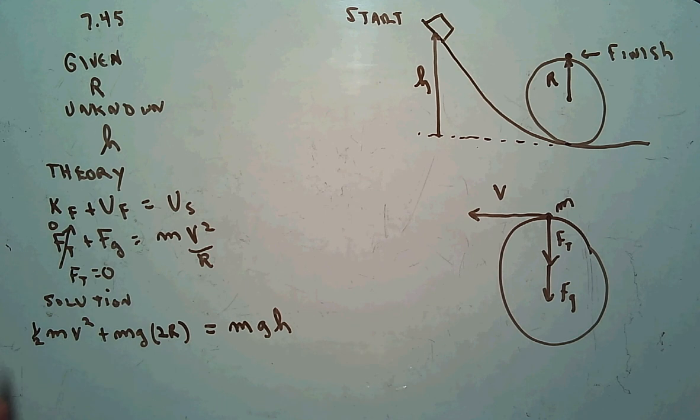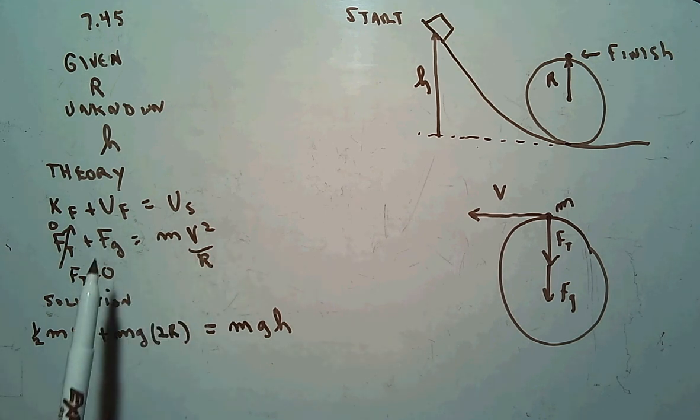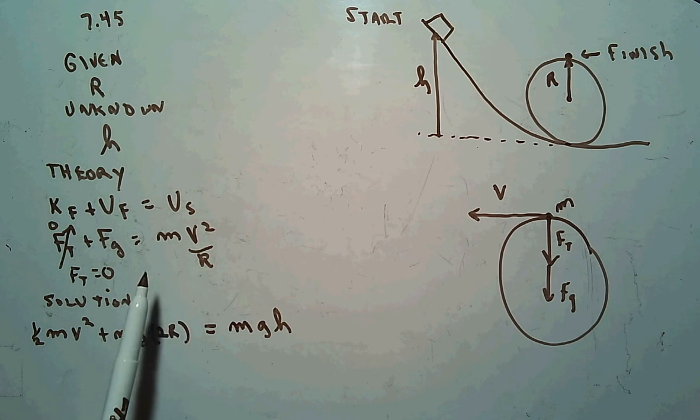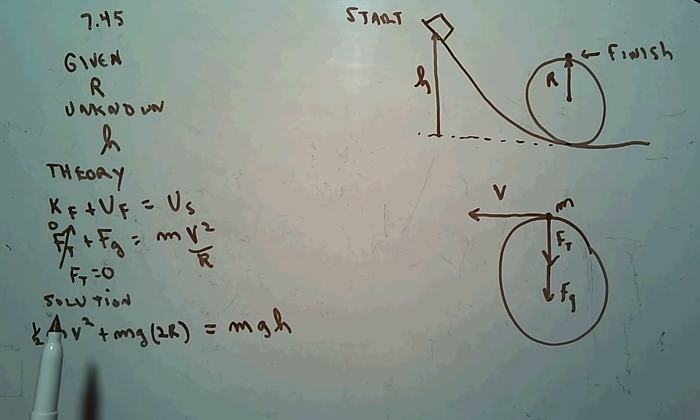Okay, we can look at this relationship right here to give us an idea of how the velocity is related to the radius, because right here you can see mg.